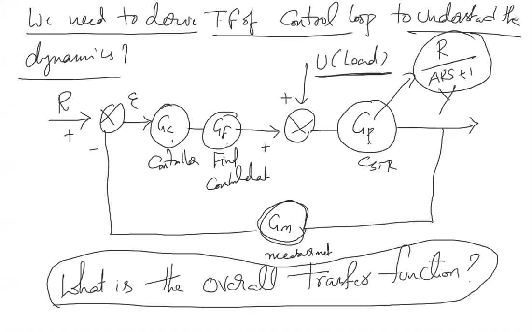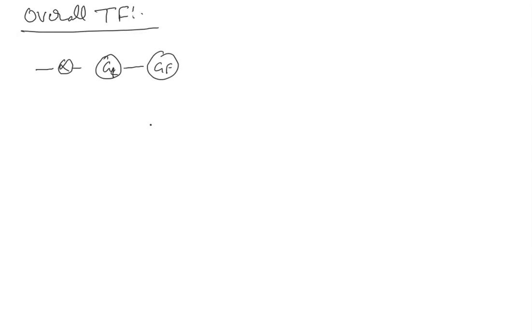So how do you derive the transfer function? Let's say the overall loop has GC, GF, GP, GM.